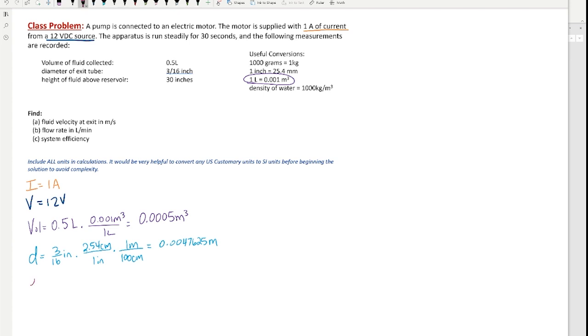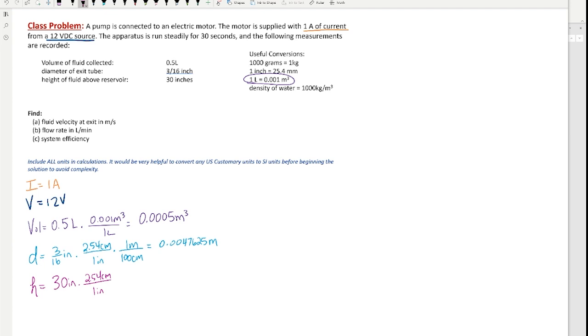And finally, I know the height of my fluid above the reservoir, which is my pump head, is 30 inches. Again, red flag because that's not in meters, so I need to multiply that by 2.54 centimeters in 1 inch. That's just the unit conversion that I've memorized.